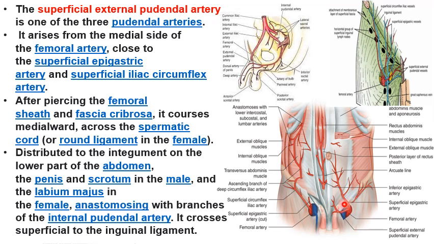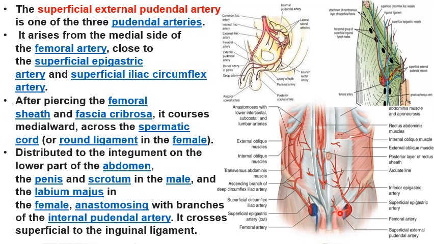nearer to the superficial epigastric and superficial circumflex iliac arteries, and after piercing the femoral sheath and the fascia lata, it crosses medialwards, anterior to the spermatic cord. This is the superficial inguinal ring from which the spermatic cord enters into the scrotum, right?